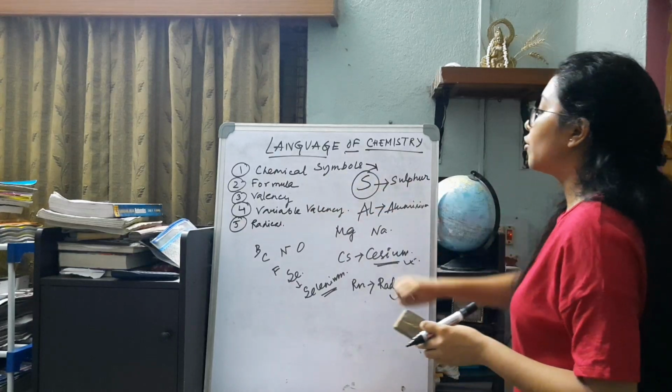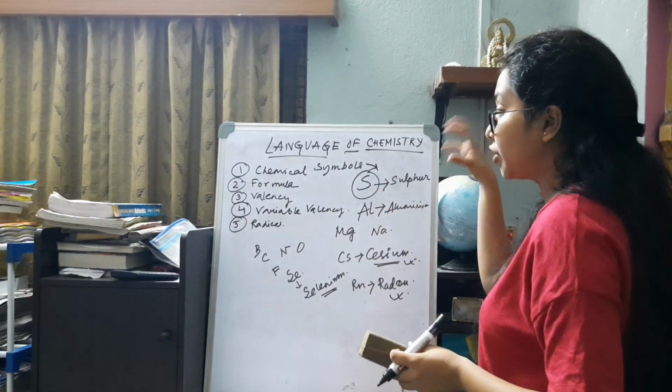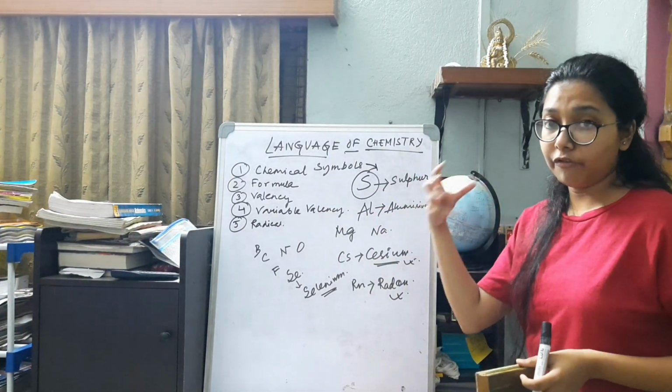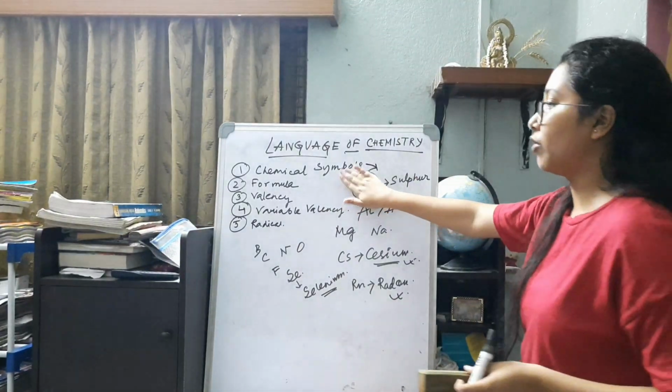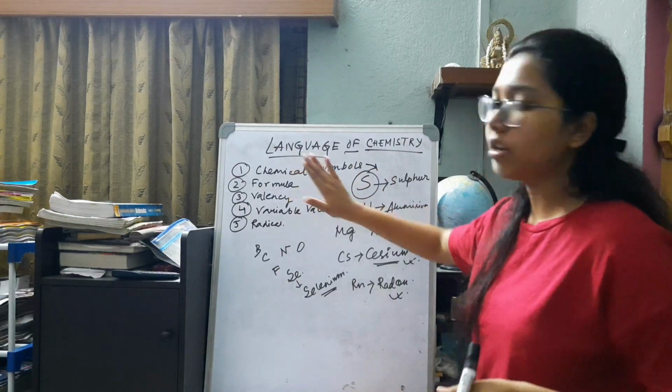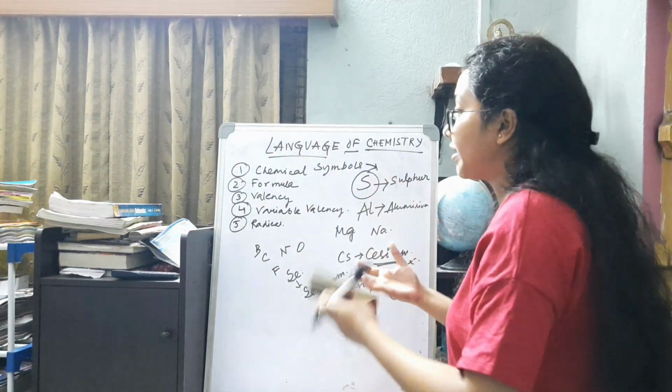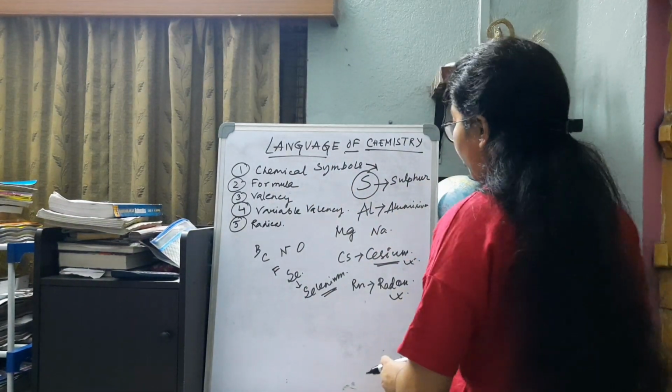Now moving forward to the molecular formula, which indicates the name of a molecule in its short form. Obviously, if you don't know what the chemical symbol is, you cannot work out how the molecular formula is obtained.